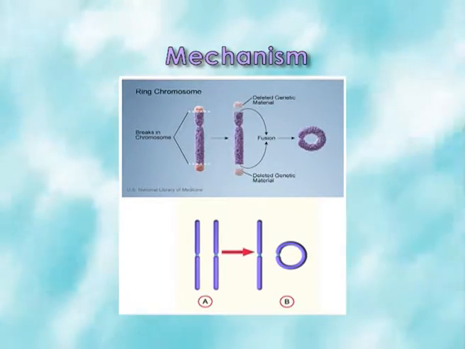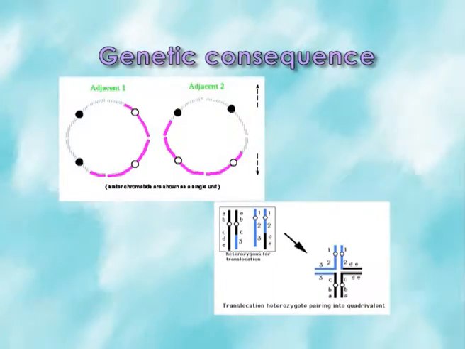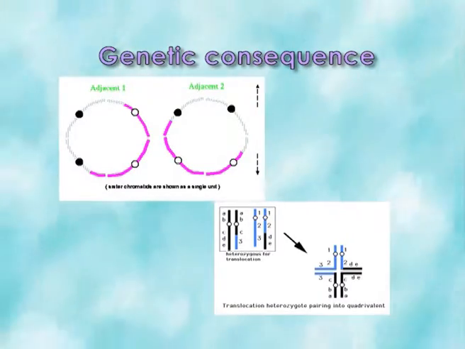Genetic consequence: we have already seen that it gives rise to different segregation types like adjacent 1, adjacent 2 as well as alternate. The linkage between genetic loci is also changed, but balanced ratios are found in Robertsonian translocation.